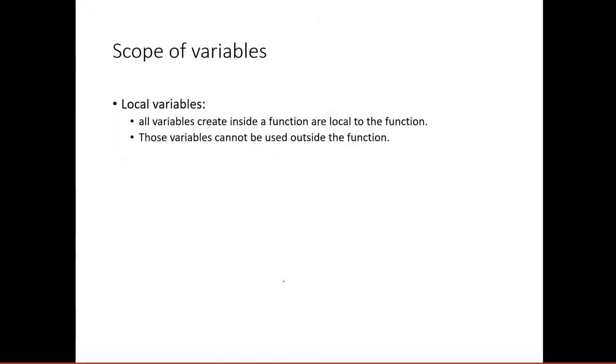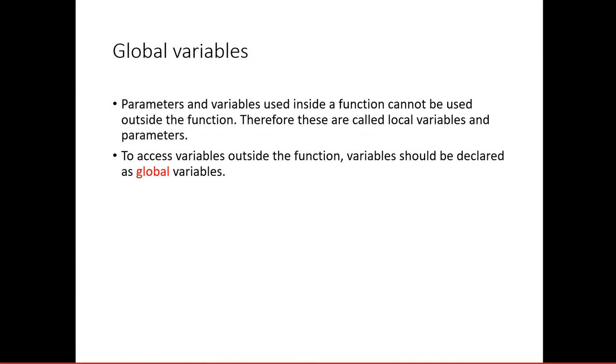So that's about local variables: the parameters and variables that we define within a function cannot be used outside the function, which means they are not visible to the outside. That's why we call them local variables. To access a variable outside, it should be declared as global. That's exactly what we did in the previous example.